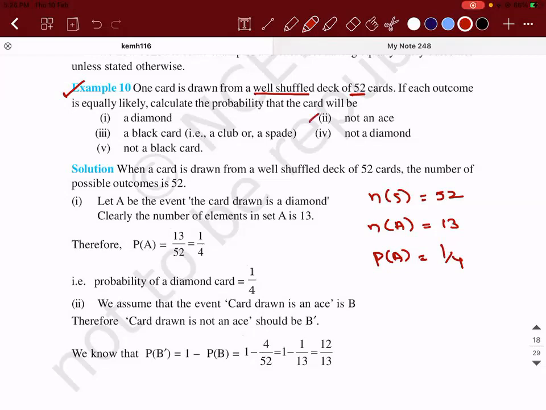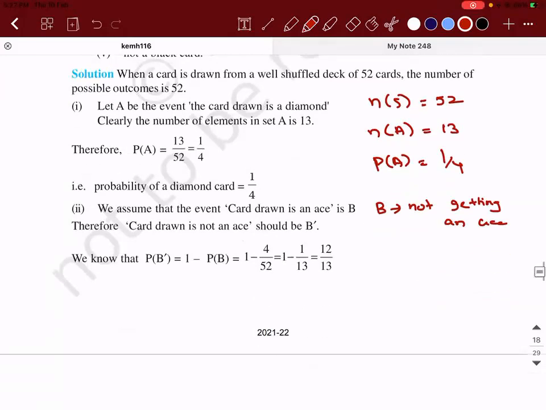Next. B is not getting an ace. So number of elements in B is equal to how much? Can I write it as 1 minus number of elements in B dash?